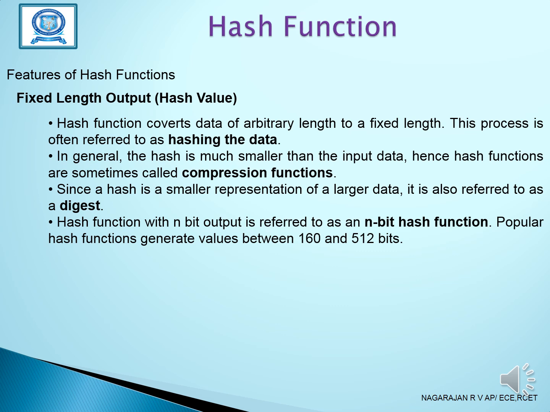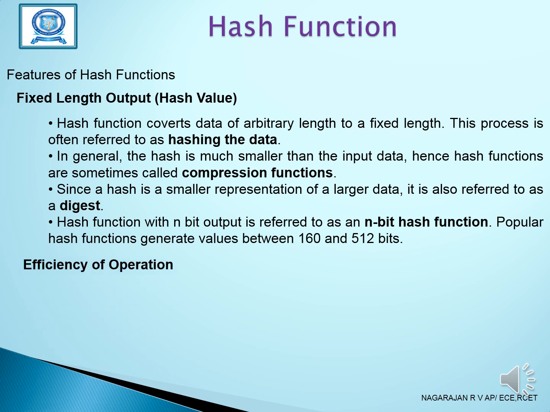In general, the hash is much smaller than the input data, hence hash functions are sometimes called compression functions. Since a hash is a smaller representation of larger data, it is also referred to as a digest. A hash function with n-bit output is referred to as an n-bit hash function. Popular hash functions generate values between 160 and 512 bits.